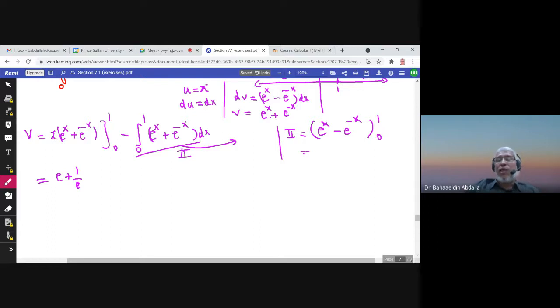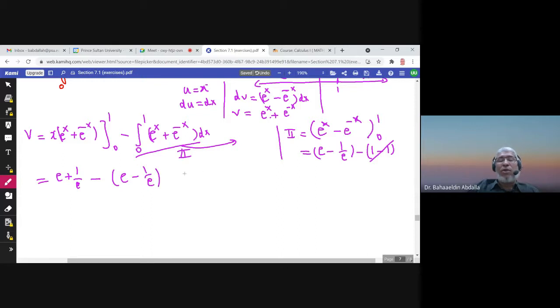So e to the power 1 is e, minus e to the power negative 1 is 1 over e, minus e to the power 0 is 1, minus e to the power negative 0, which is again 1. So this would be cancelled. So I will have e plus 1 over e minus this one.